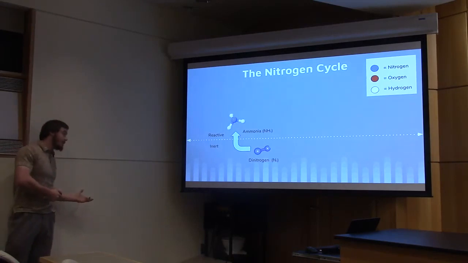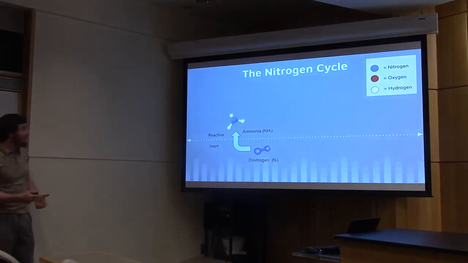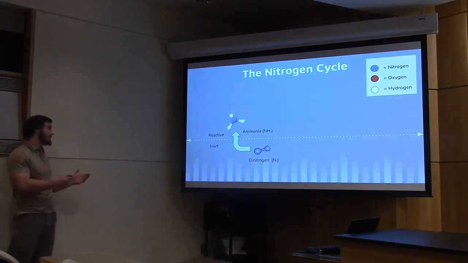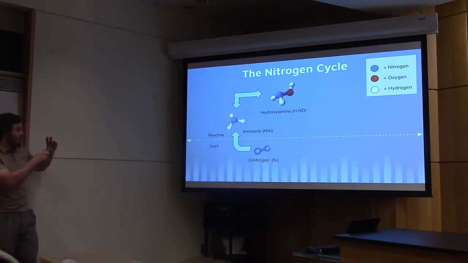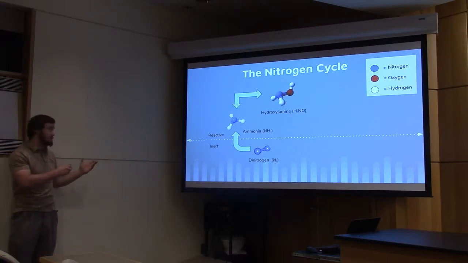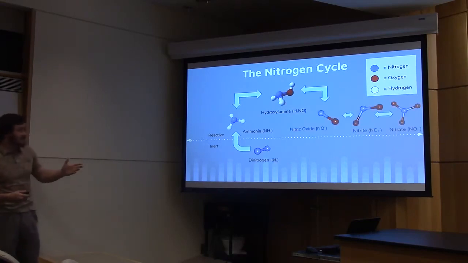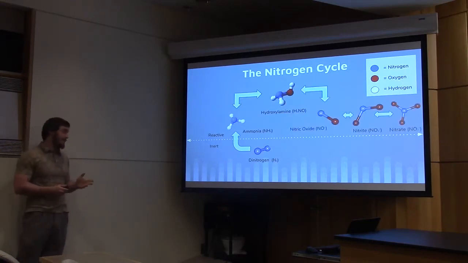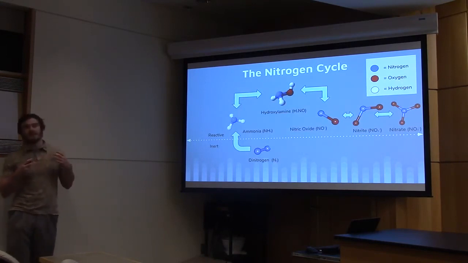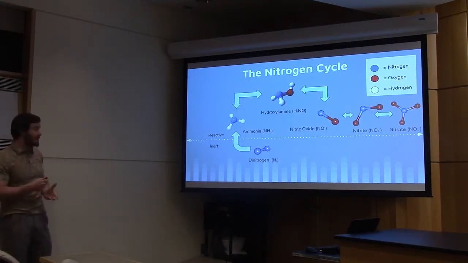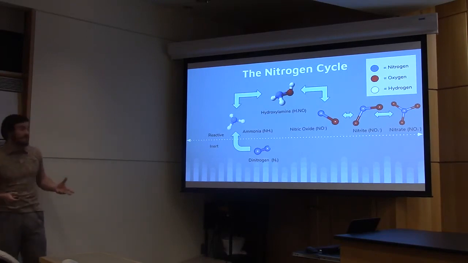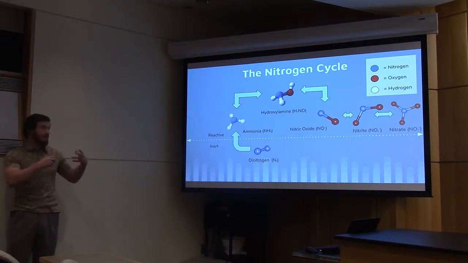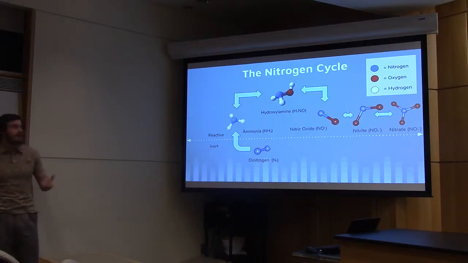From here, other bacteria developed the capability of converting this to hydroxylamine, which is an intermediate that is really just used to be converted into these species over here. Nitric oxide is an important signaling molecule in pathways in mammalian organisms, such as our cardiovascular system and immune purposes.